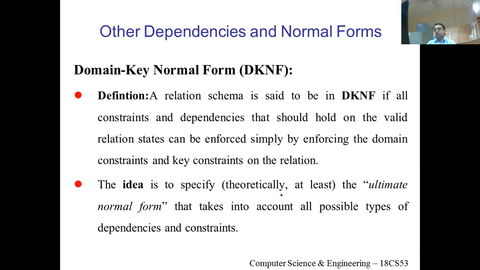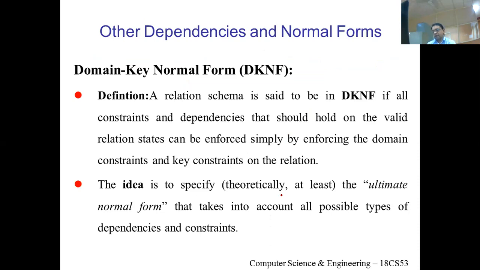The last one, other dependencies and normal forms: domain key normal form. As its name indicates, it is based on domain constraints and key constraints. There are no hard and fast rules about defining normal forms beyond fifth normal form.